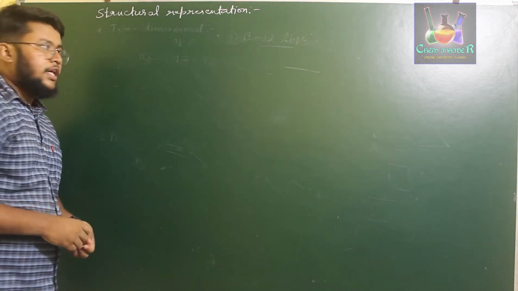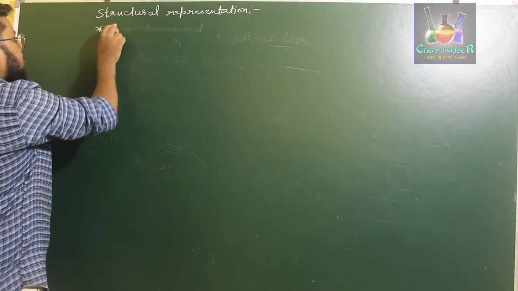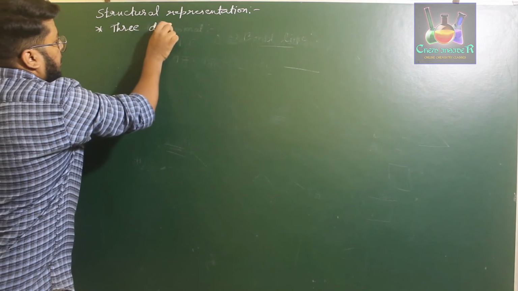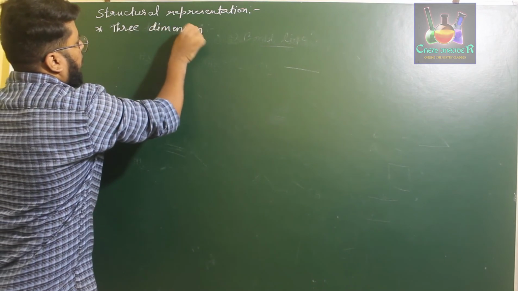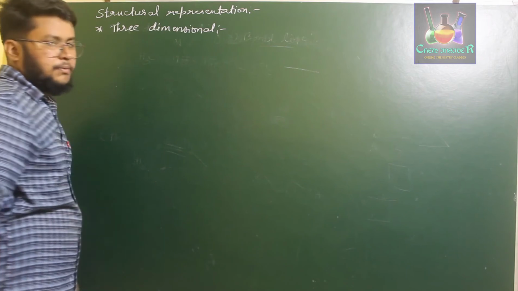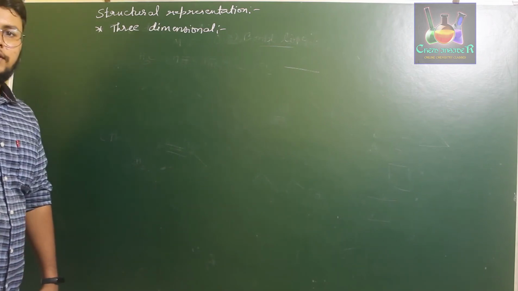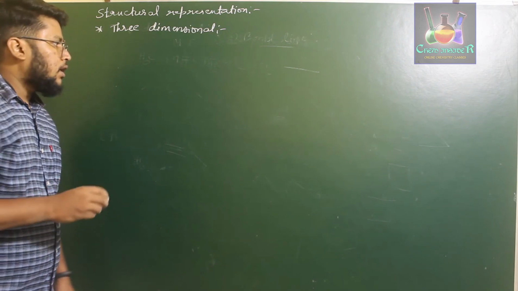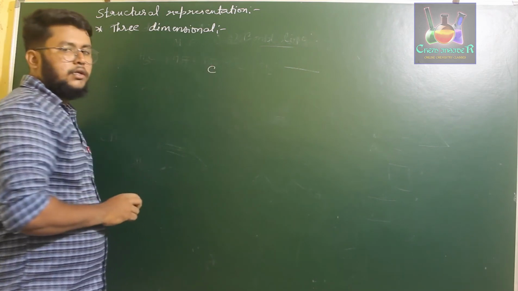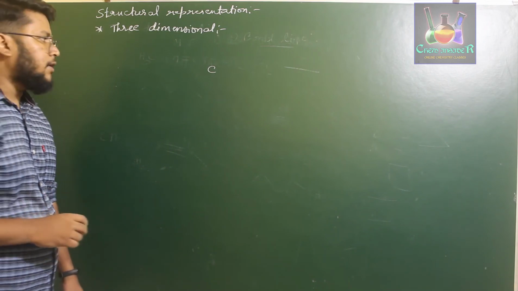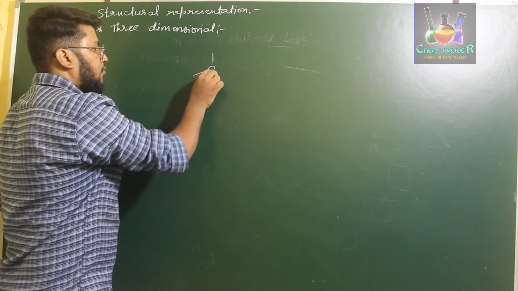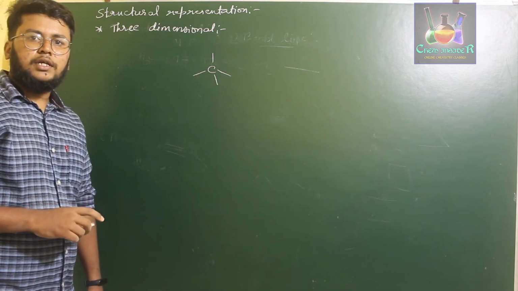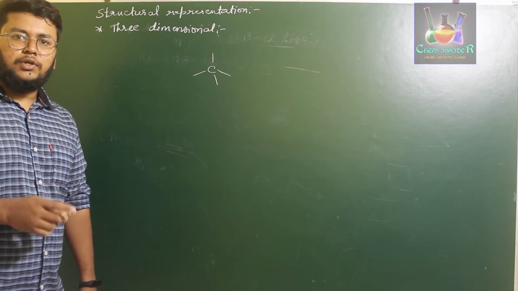When you consider three-dimensional representation, it is quite difficult to explain the three-dimensional representation of organic compounds in two dimensions. But if you know exactly the points at which the atoms are present, since we know the carbon atom forms a tetrahedral geometry, it will have four bonds in such a way that these four bonds are present on the opposite diagonals of a cube.